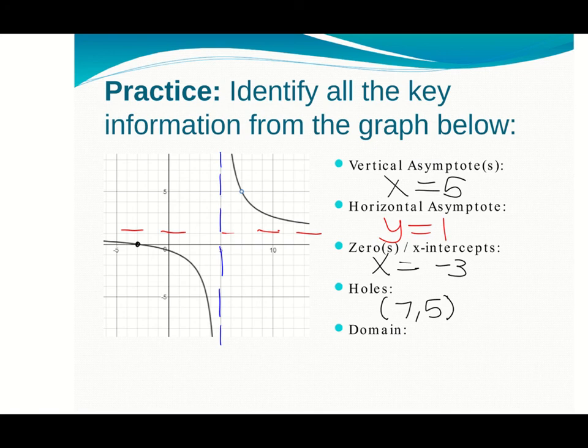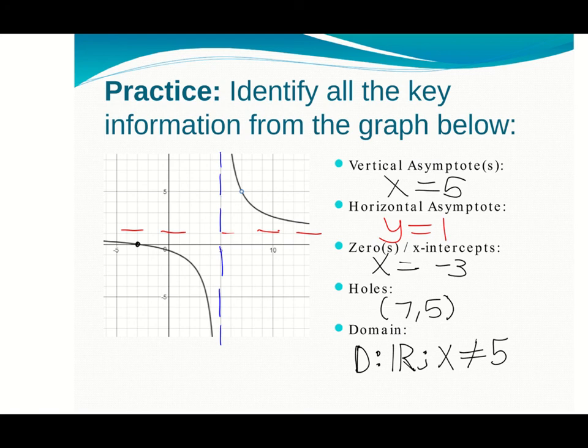And finally, our domain of this function, looking at our vertical asymptote, is going to be all real numbers, except x cannot be 5 because the graph will never cross on the x-axis at 5.